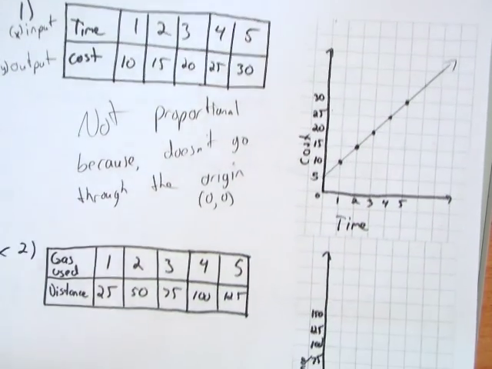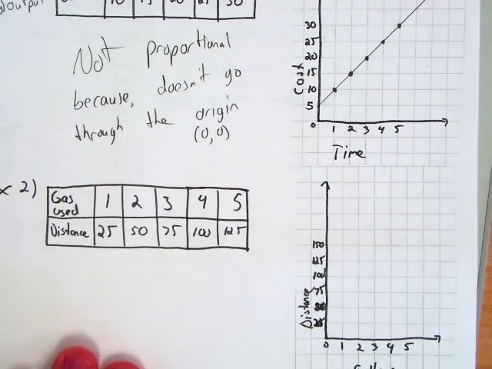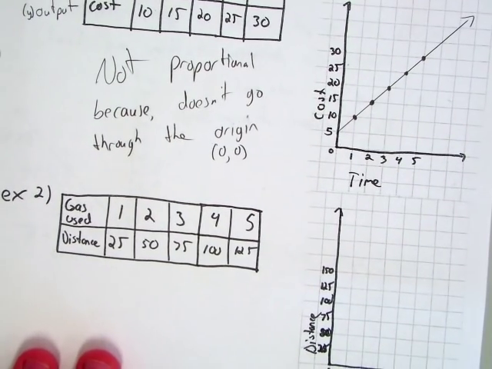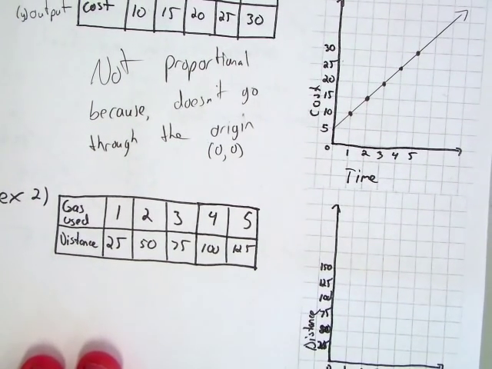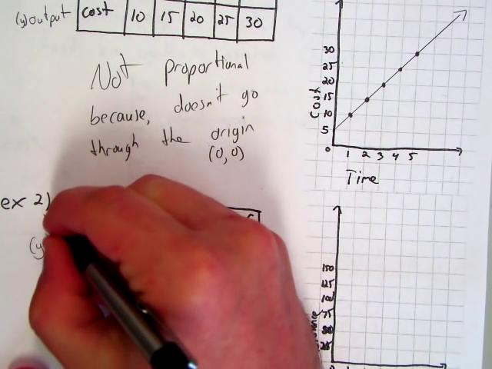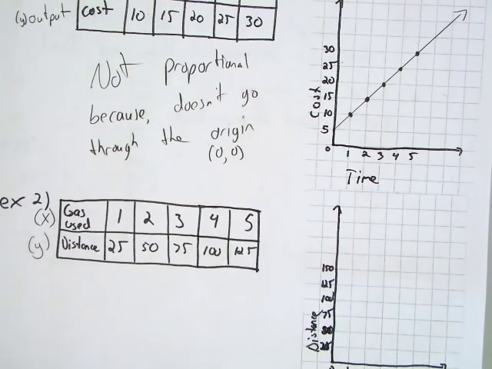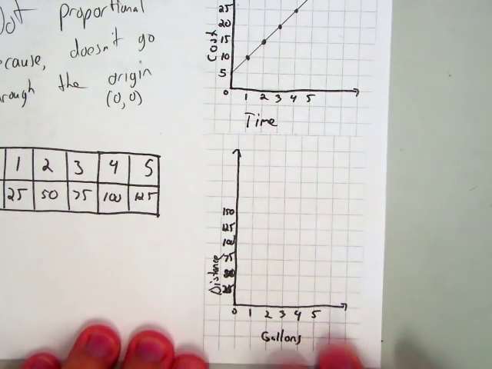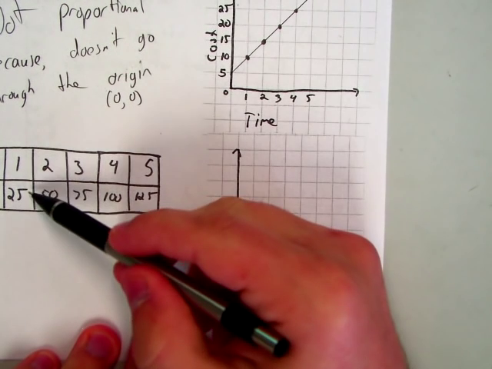Example 2. Same thing here. We're going to be looking at how much gas is used in gallons, and we're going to be talking about how far something goes in miles. So again, this is my Y information, and the gas used is my X information. So if I go over to my graph here, first ordered pair would be 1, 25.